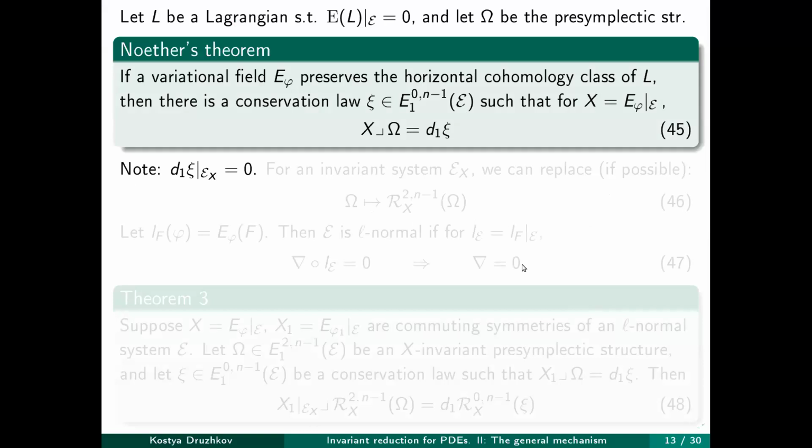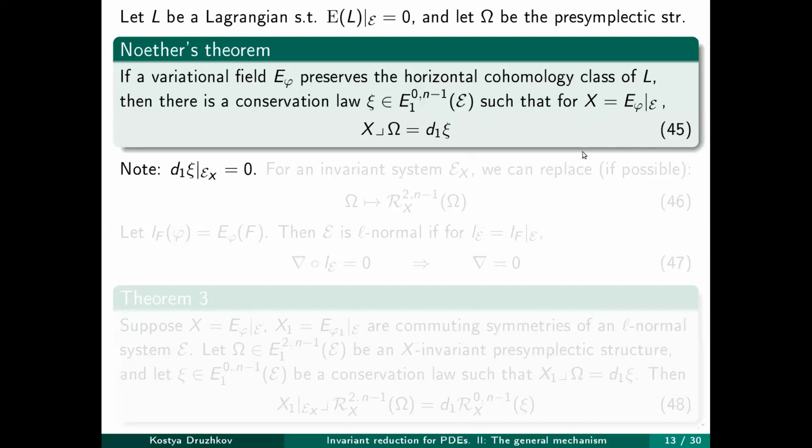Yes, and let L be a Lagrangian such that its variational derivative vanishes on epsilon, and let omega be the corresponding presymplectic structure. In this case, we have the Noether theorem, which tells us that if a variational field preserves the horizontal cohomology class of L, then there is a conservation law of our system, such that for this symmetry X, we have the Noether formula 45.